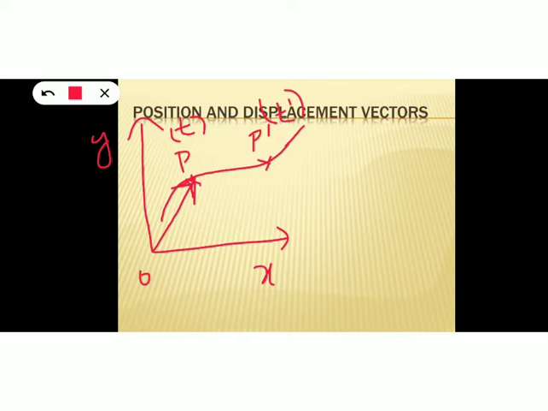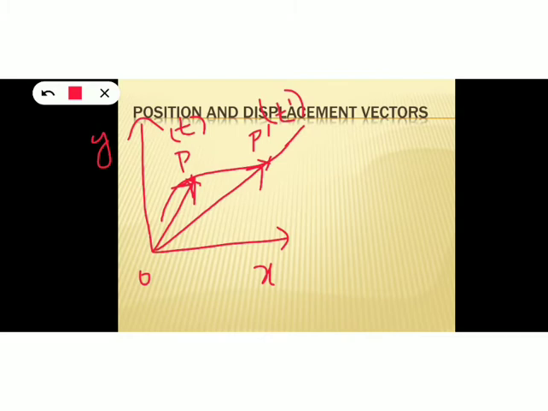So the position vector is always specified in terms of the origin. In order to obtain the position vector of any object at a particular time, just join that object's position to the origin. Now what will be the position vector of P dash? In order to find the position vector of P dash, just join OP dash. So this line OP dash gives us the position vector of P dash at a time t dash.